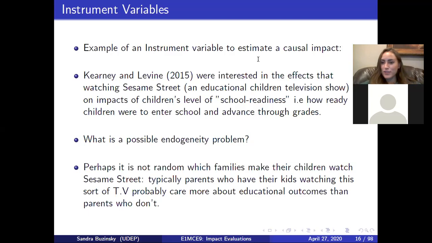The authors were interested in the effect of watching Sesame Street as a child on how ready children were to enter school and advance through grades. So they called this school readiness, and that just basically meant how prepared they were and how able they were to learn these new skills in school.